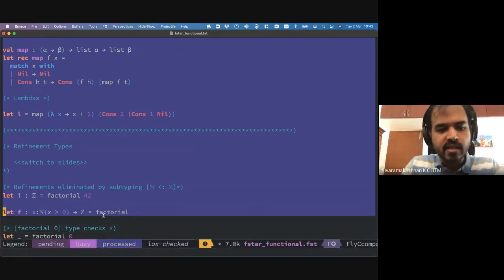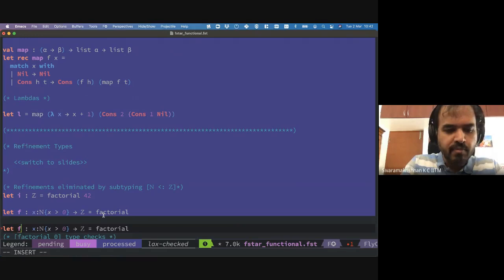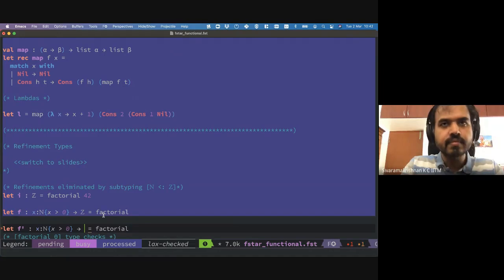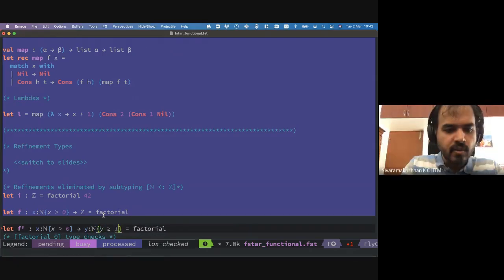So what you're saying is I want to define something else here, right? So let's call it f prime. Instead of integer in this position, what do you want to do, Deepali? Nat x greater than or equal to 1. Is this correct?